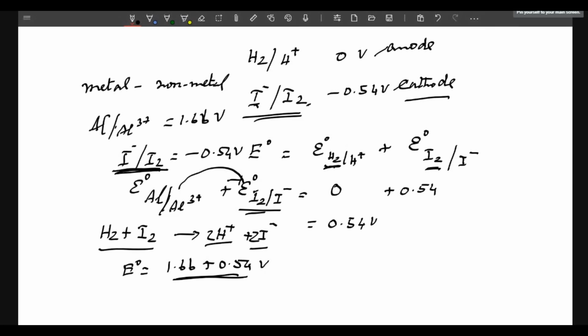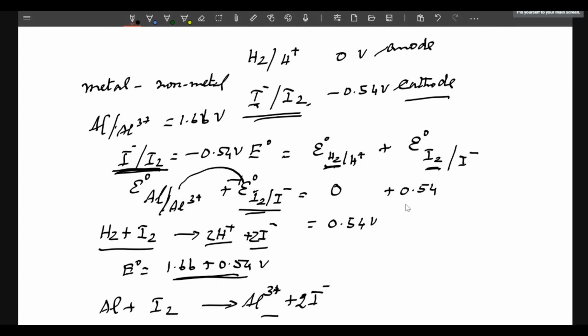And here, what would be the net reaction? Aluminium on the reactant side, and iodine. In the product side, aluminium 3 plus and iodide minus. Balance this reaction in such a way that the number of electrons involved is the same. First balance the species, and see how many electrons are released. 3 plus and 2 minus is there.